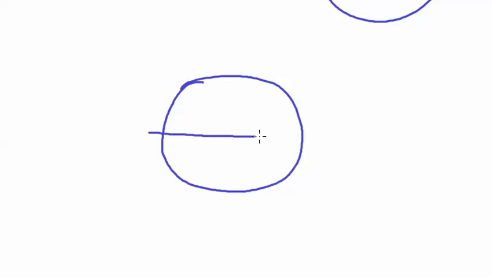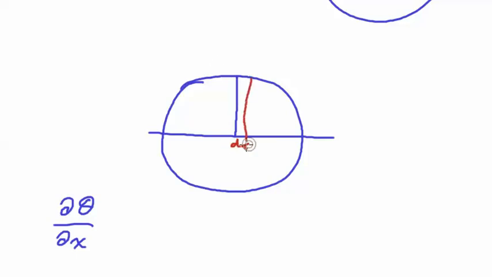But think about this. Let's do del theta del x from here, where x is going from here to here, and this is dx, and theta is going from pi over 2 to pi over 2 plus d theta.